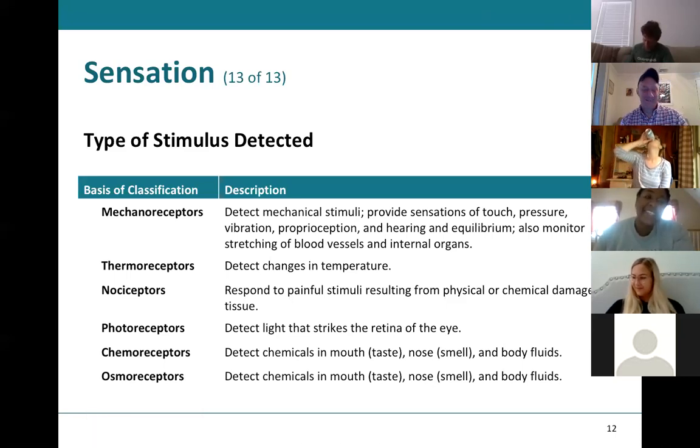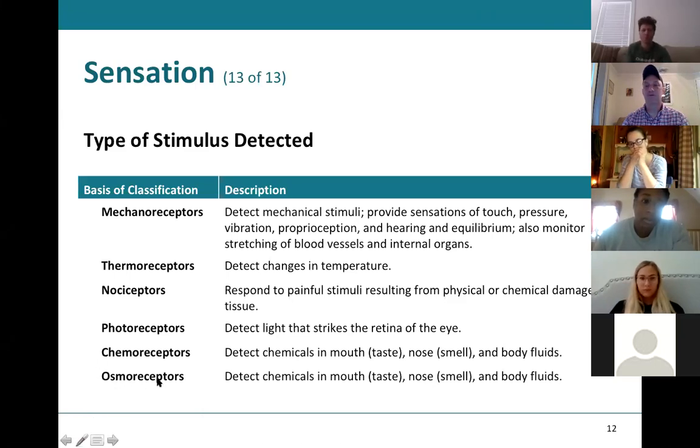So the difference between the chemoreceptors and the osmoreceptors is the location. No, chemicals, these are not water, right? Osmoreceptors detect water. So your nose, even though it says smell here, really what it's doing is detecting what is saturated, what is not saturated, right?